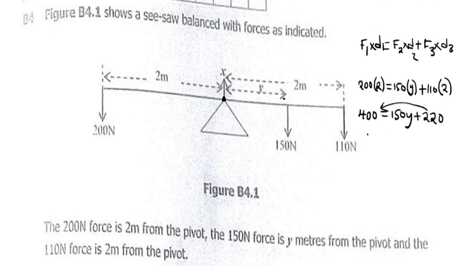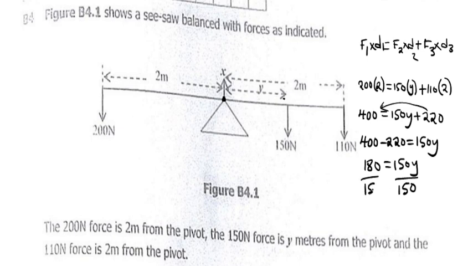220 crosses the equal sign so that it becomes 400 subtract 220. So this is going to give us 150y. 400 subtract 220, what do we get? We simply get 180. So 180 is equal to 150y, divide by 150, divide by 150, that is gone, that is gone.